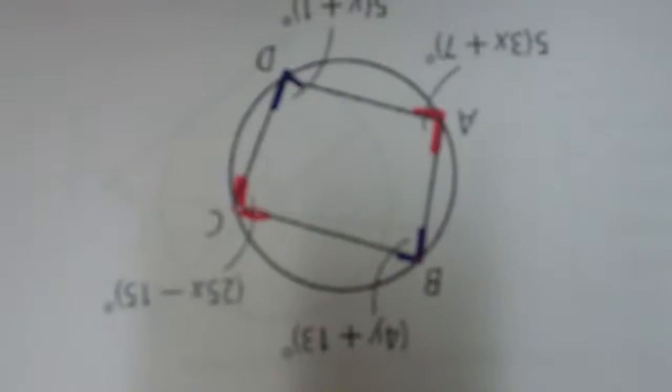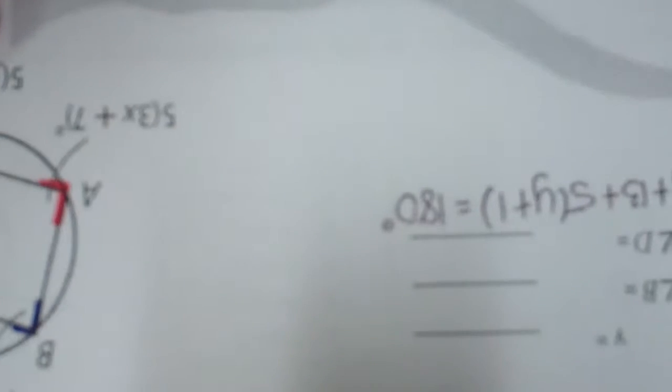So 4y plus 13 plus this angle, 5y plus 1 equals 180 degrees. Okay, so I'm going to rewrite this, 4y plus 13.